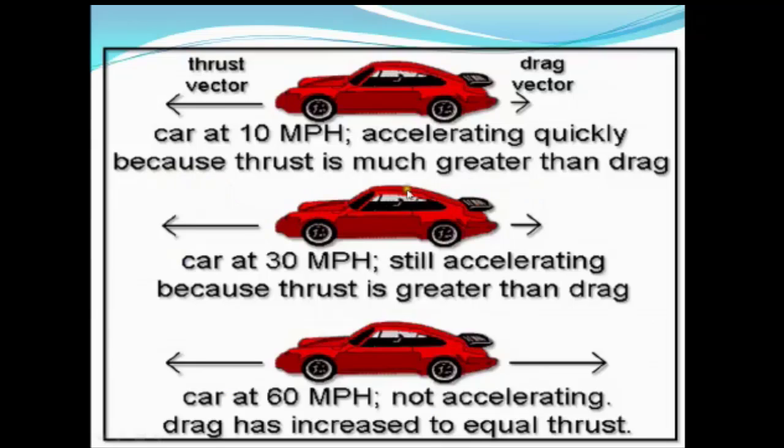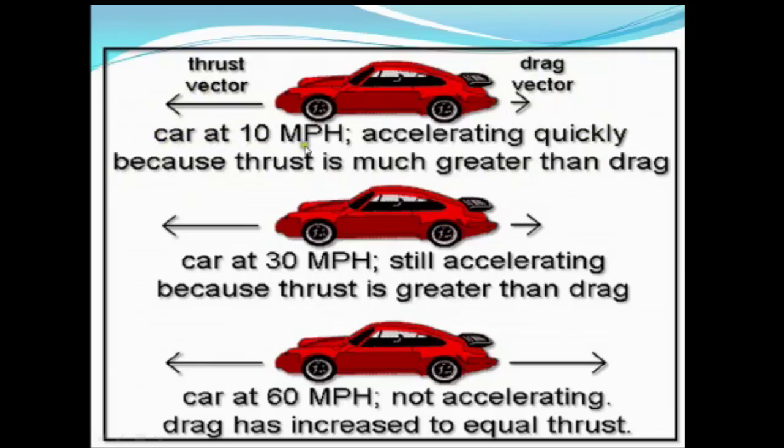Here you can see these pictures which show different accelerations, that is the speed of the car, and their forces, the friction force, which we can also call the drag vector, and the thrust vector.